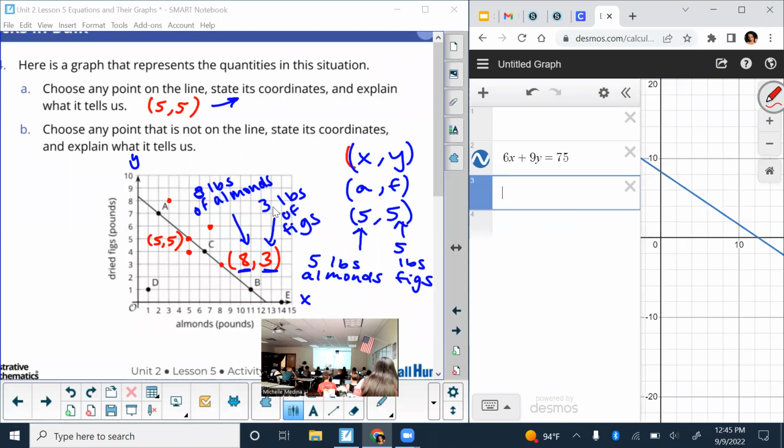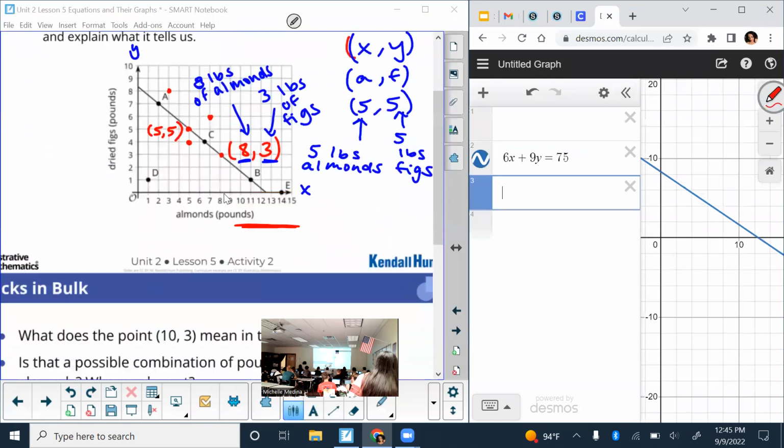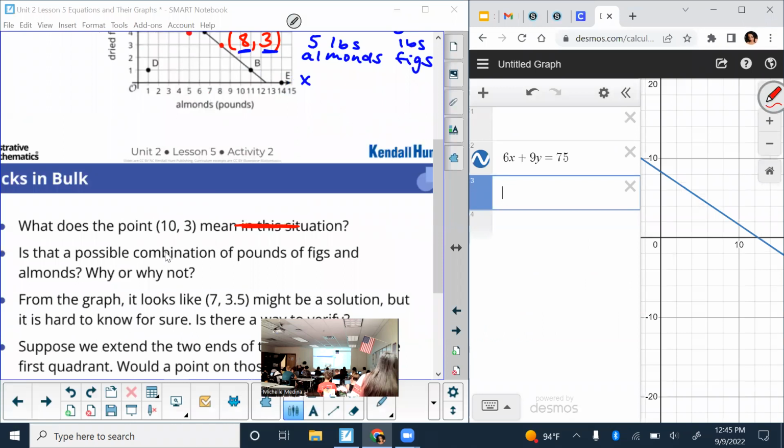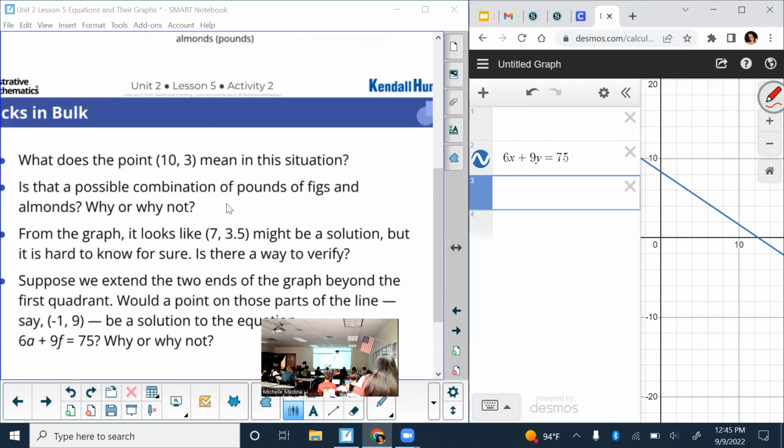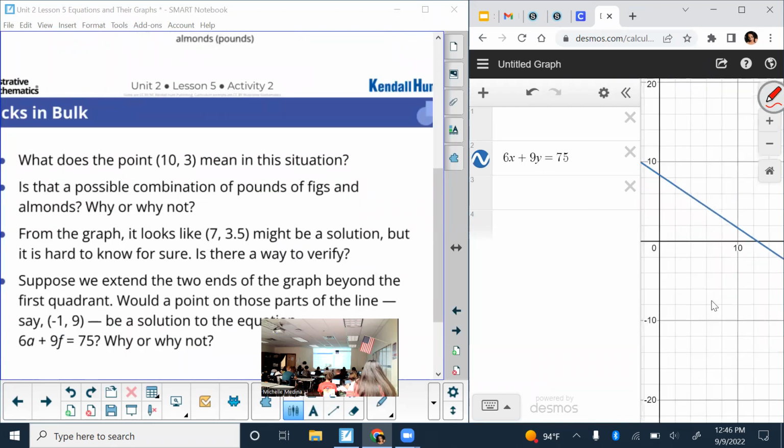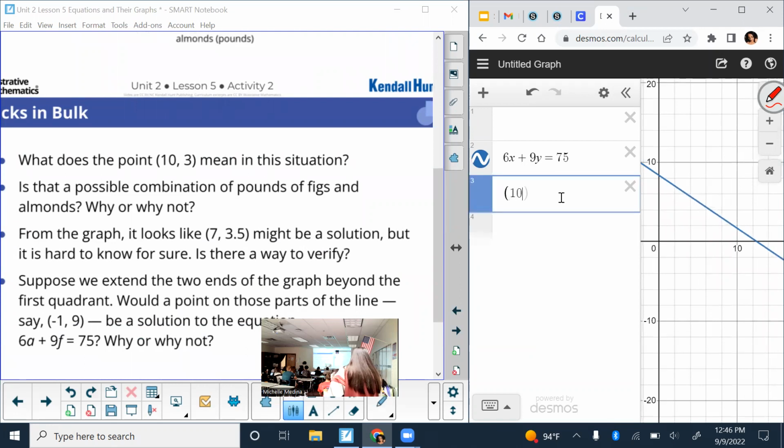Scrolling down, would 10, 3 be a solution? Is 10, 3 on the line? You can use Desmos to even type that in and it'll plot the point for you. So is 10, 3 a solution?